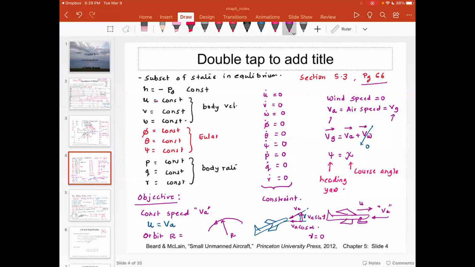All right. And now we have inputs. The inputs are delta elevator, delta rudder, delta aileron, and delta T, which is thrust.